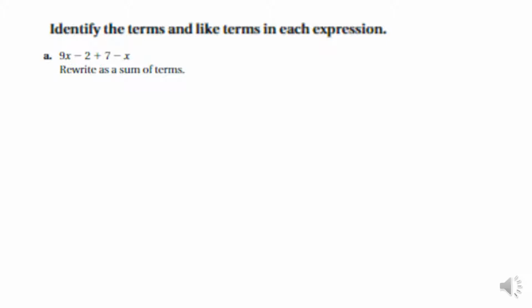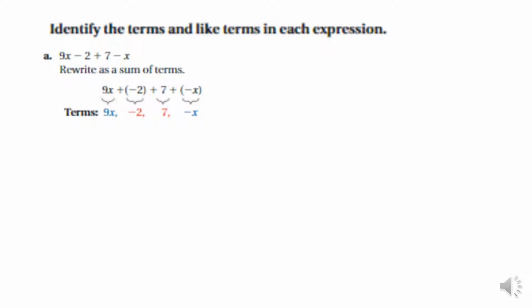So first off, let's identify the terms and like terms in each expression. Here we would rewrite as a sum of terms. If it's minus 2, we're adding a negative 2. Instead of minus x, we're adding a negative x. That helps us to see exactly what the value of those terms are.